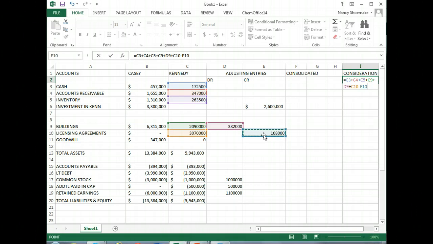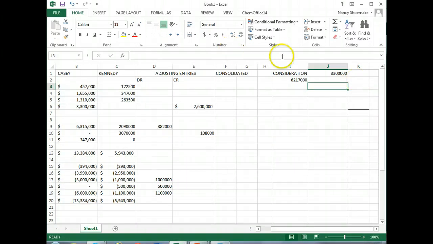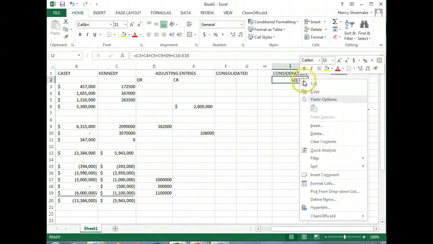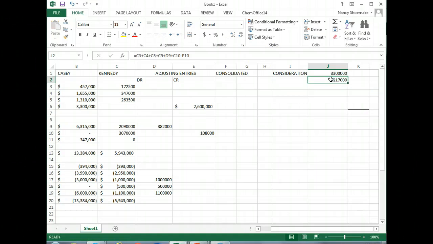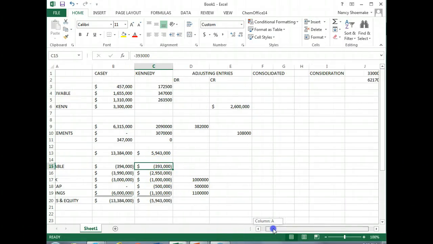Is there anything else? So we end up doing something wrong. What am I doing wrong? The cash, the accounts receivable, the inventory, the building, the licensing agreement, oh, the accounts payable, minus the accounts payable and the long-term debt, right?